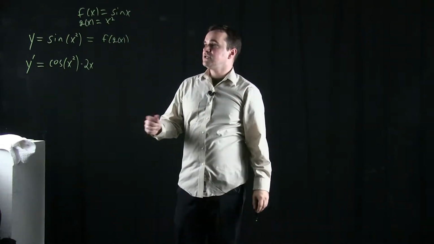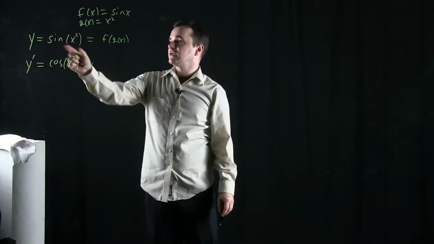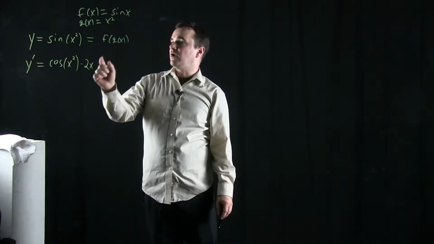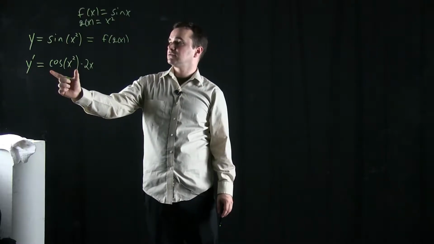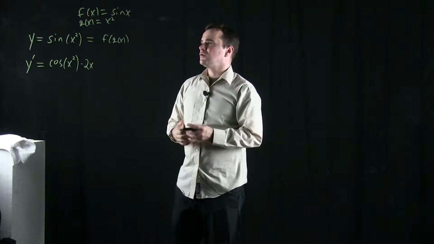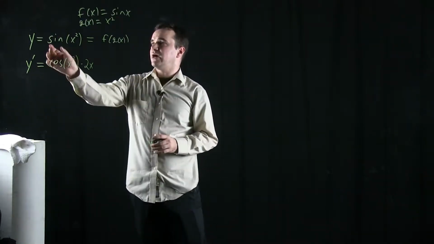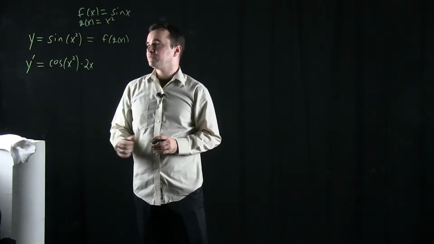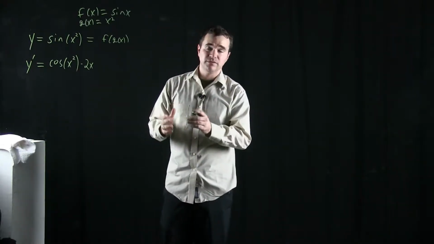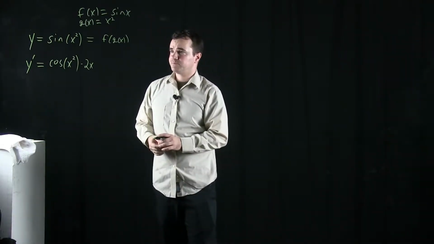F composed with g, that's sine of x squared. The derivative of that is f prime, plug in g of x, times g prime of x. But in practice, you're going to want to think about it as just what's the outside function, what's the inside function. Take that derivative, plug in your inside function, multiply by the derivative of the inside function.